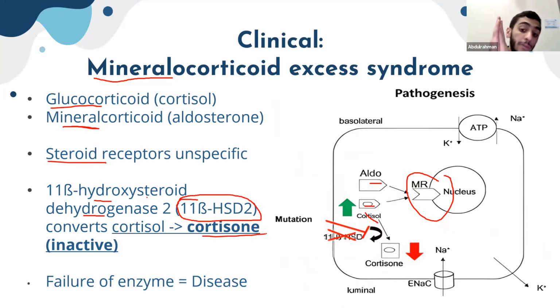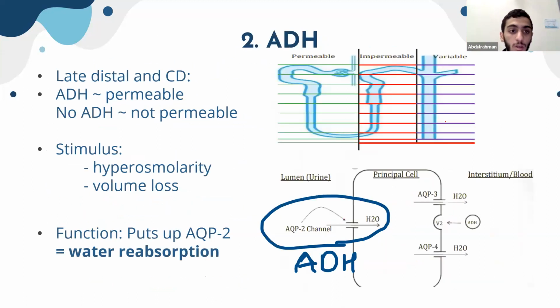So in cases of deficiency of the 11-beta-HSD2, cortisol is no longer going to be deactivated, and usually in the body we have more cortisol than aldosterone. So cortisol binds on the aldosterone receptor and causes the hyperaldosteronism, which is referred to as mineralocorticoid excess syndrome.